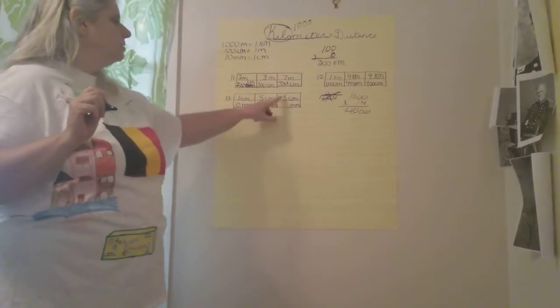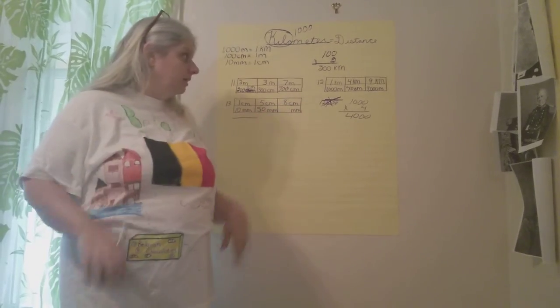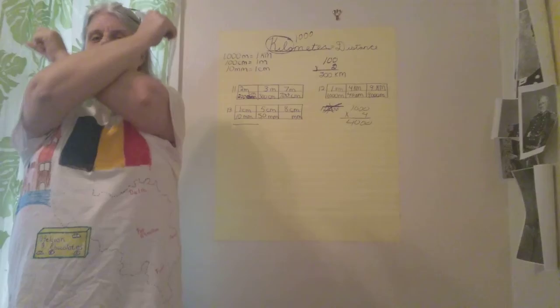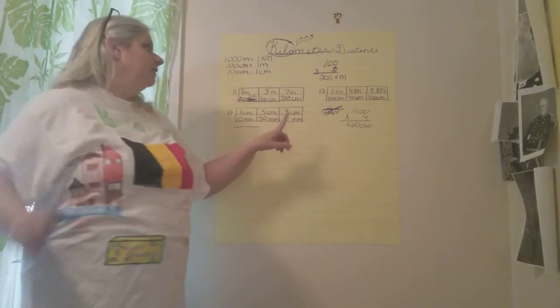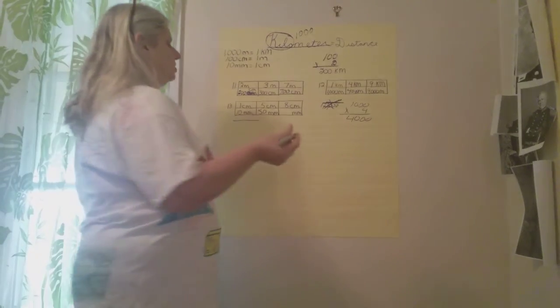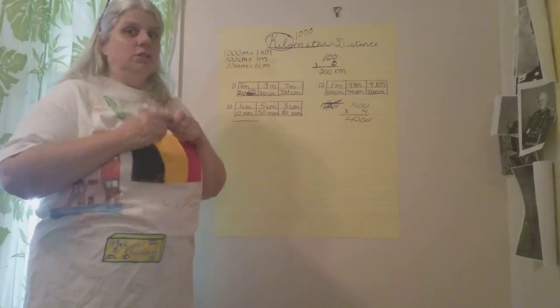Very good. And what about this one? Oh, look, they're so nice to us. All we're doing is multiplying all these. Centimeters to millimeters is multiplication. So we have 8 centimeters times 10 equals 80 millimeters.